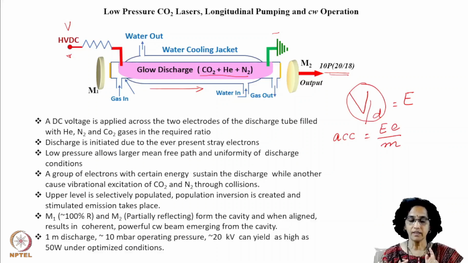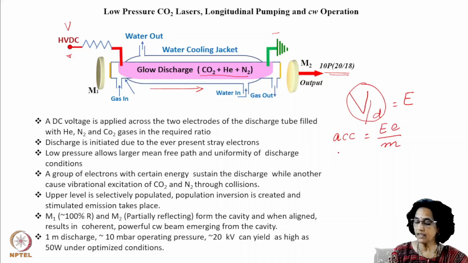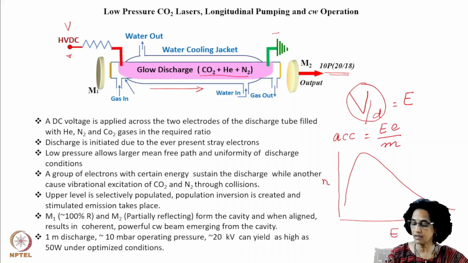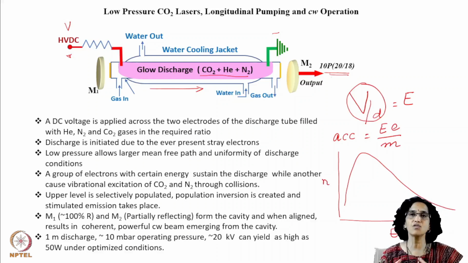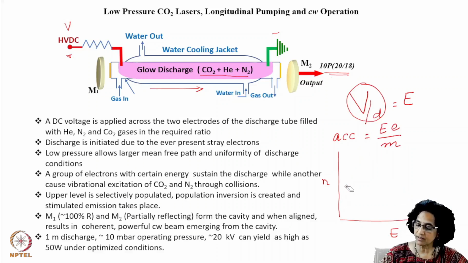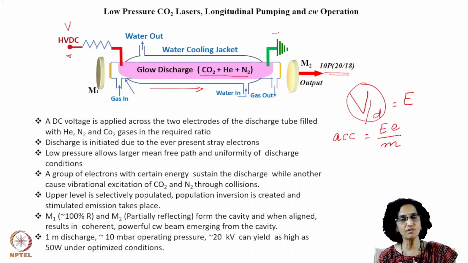Now, the electrons which are created need not be of the same energy. We know that they also follow this Maxwellian distribution. This is energy and this is the number. So there are electrons of various energies, and electrons of a particular energy are efficient in selectively exciting the CO2 molecules as well as nitrogen, as we saw earlier.